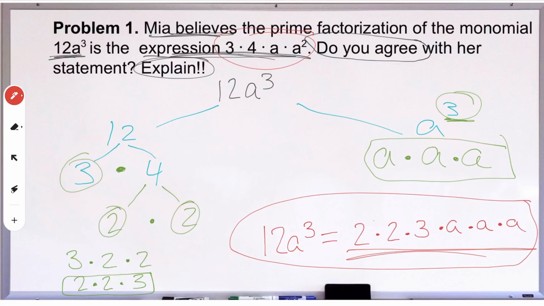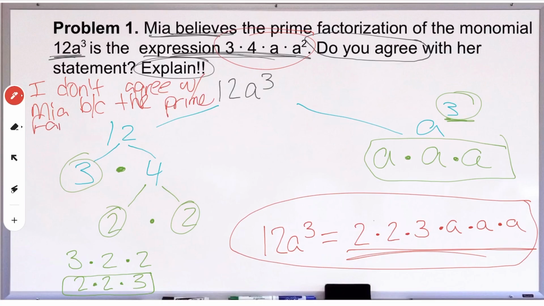I don't agree with Mia because the prime factorization is this equation right here, which is 12a cubed is equivalent to 2 times 2 times 3 times a times a times a.